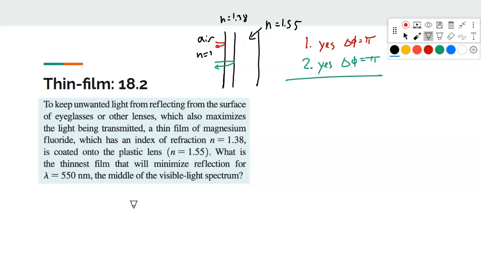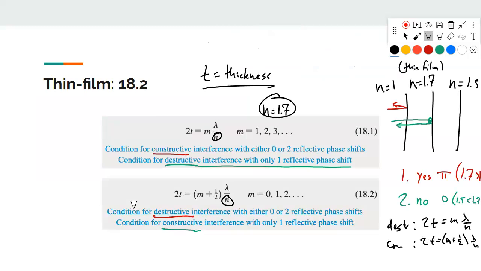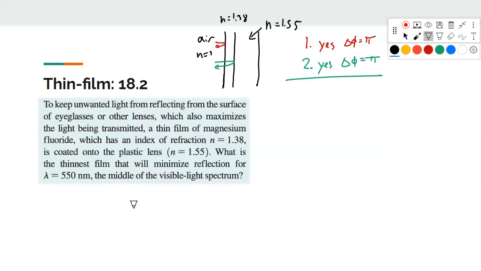So we can use the formulas where the top one is constructive and the bottom one is destructive. We want to minimize reflection, so we want destructive interference. If we're going to minimize the reflection, we want the reflected light to cancel out, basically.